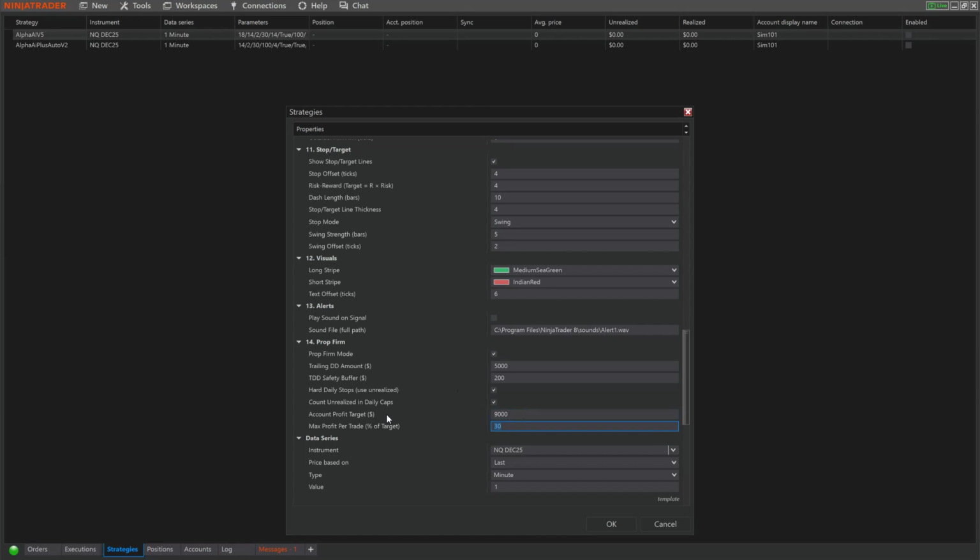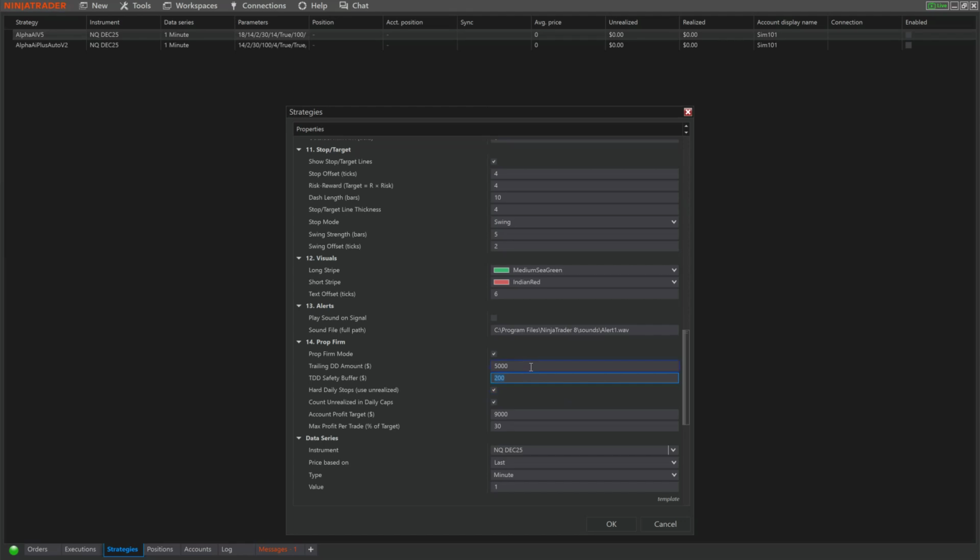If you are live in a trade and the trade is up $1,100, then $1,200, then $1,300, it will stop the trade immediately. Why? Because your max profit per trade is $1,500 and you have the buffer of $200. So it will take the max profit, minus the buffer, and then stop the trade, just in case of any slippage or for safety.